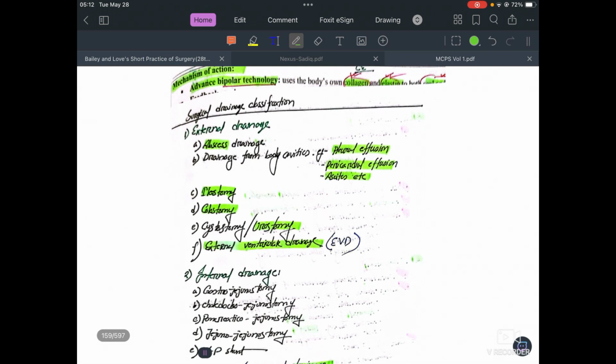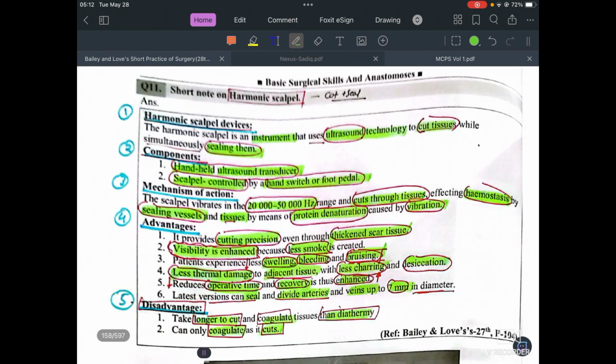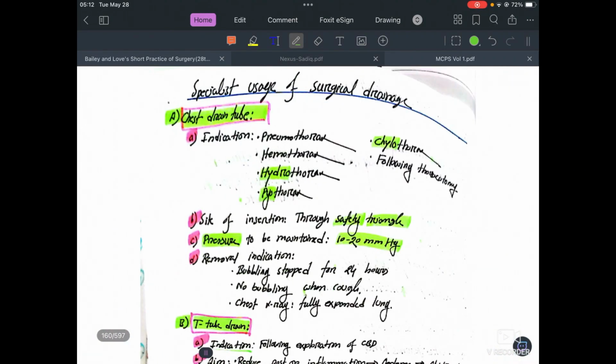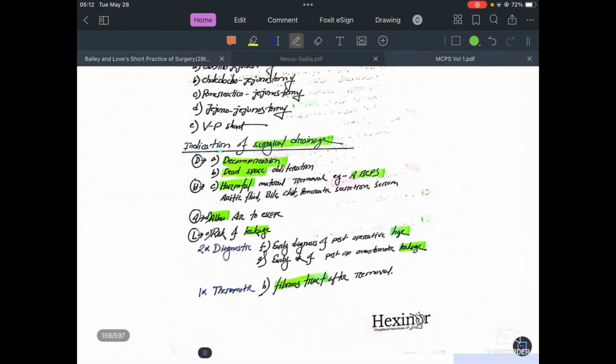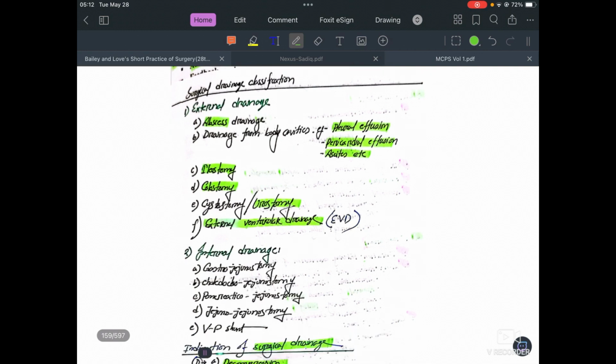So surgical drainage, its classification and its uses. If we consider the classification of surgical drainage, there are external drainage and internal drainage.